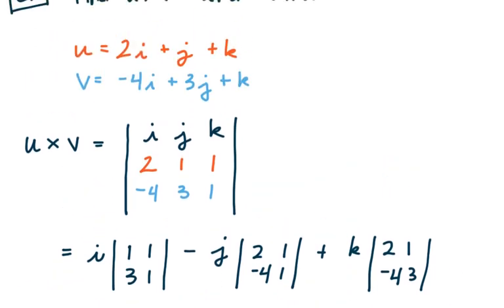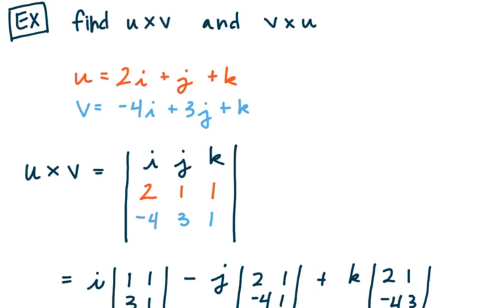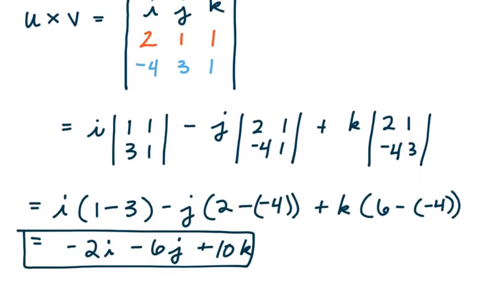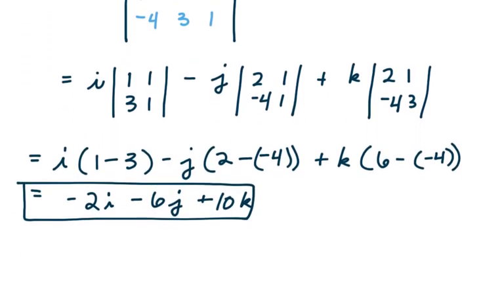Starting this problem, we were also asked to find V cross U. V cross U was a property: V cross U is negative U cross V. So doing them in the opposite order just gives us a vector in the opposite direction.